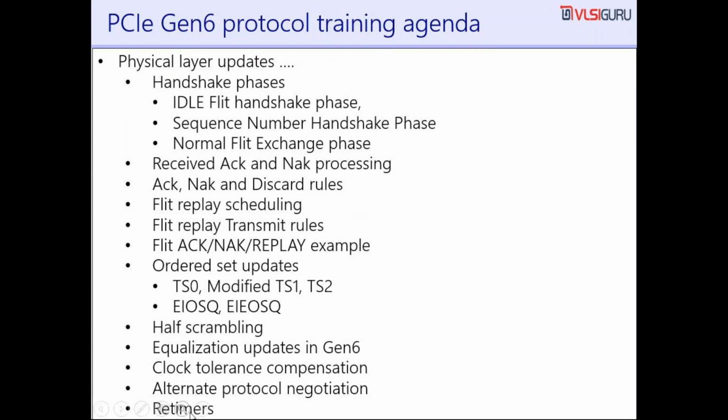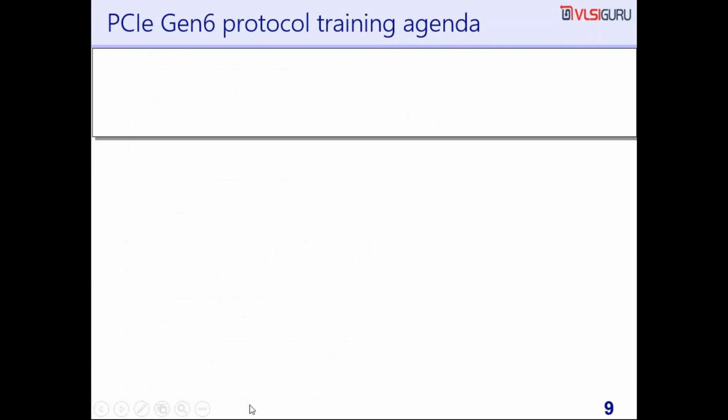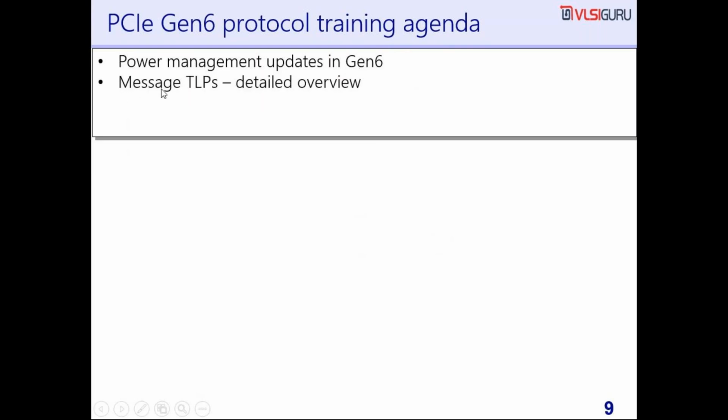Then the concept of retimers will also be understood. Then we'll talk about the power management updates in Gen 6. Then we'll talk about message TLPs, a detailed overview. In Gen 5, we haven't gone deep into each type of message TLP. Here, we'll be talking about message TLPs in detail. We'll also talk about extended capability structure.